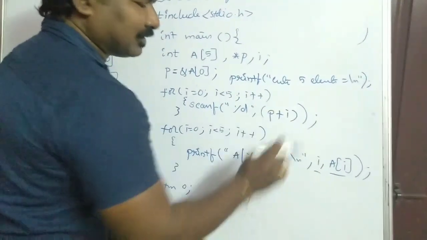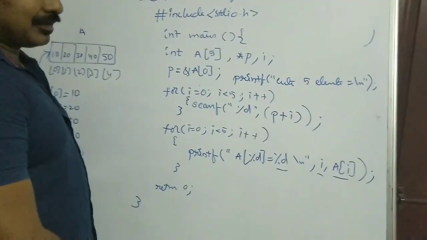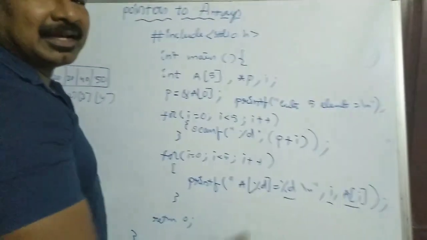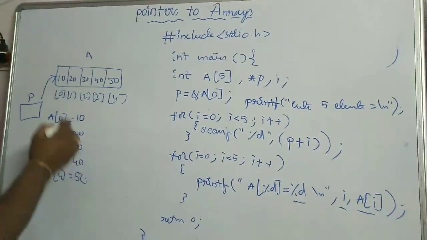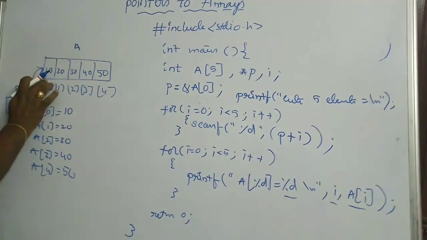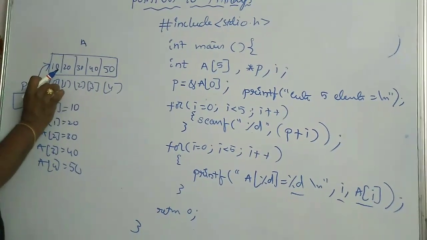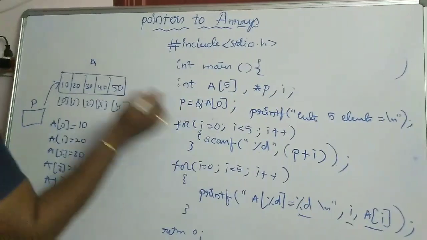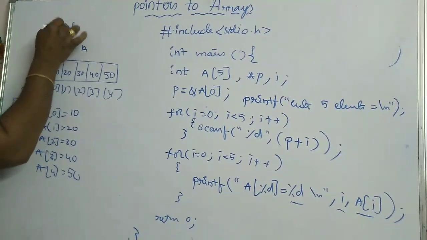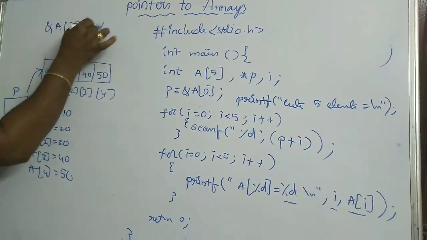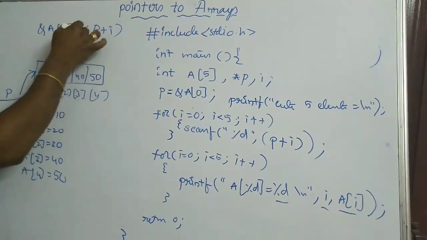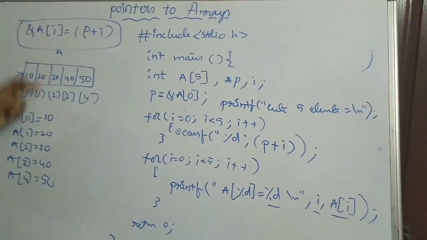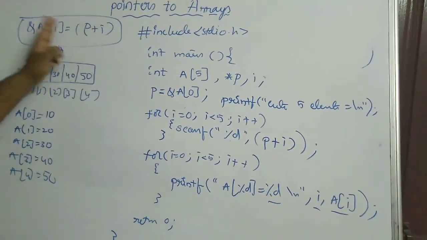That's it, p plus i. So what is p plus i? p plus i is nothing but p plus index value. If i is 0, then that is the first location. If i is 1, that is the second location. So remember friends, this address of A of i can be written as p plus i with a pointer. So this is another important equation that we should remember.